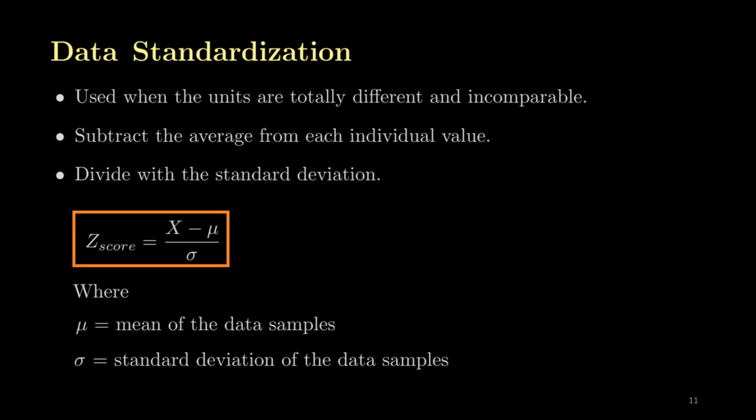So in that case, we have totally different units, that is a unit of time in the first column and the unit of volt in the second column. In that case, there will be a difference in the magnitude of data as well because volt is different from time. In that case, data standardization is better than performing data normalization and min-max scaling.